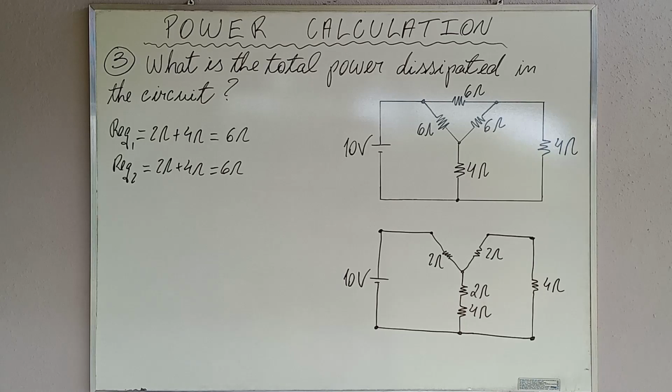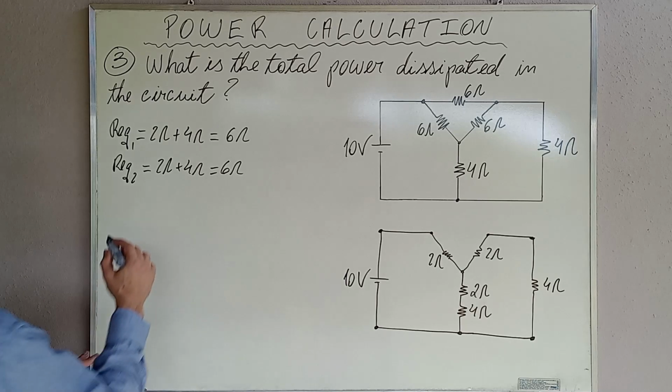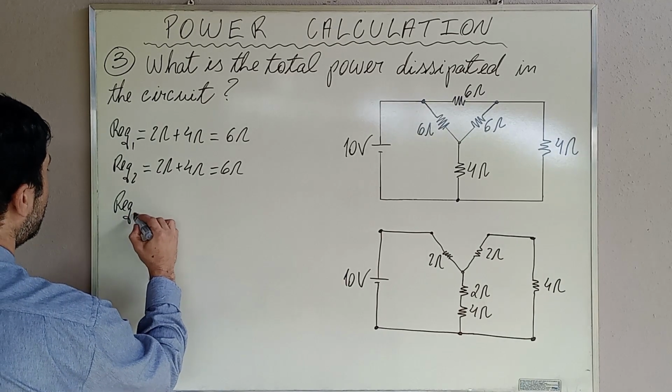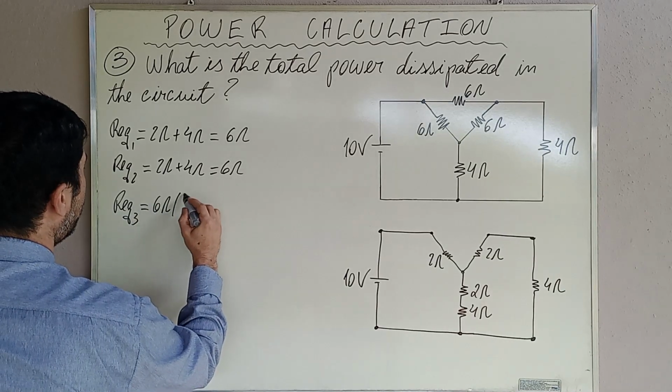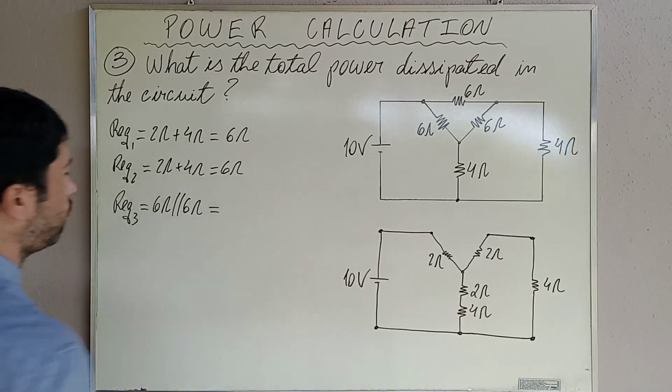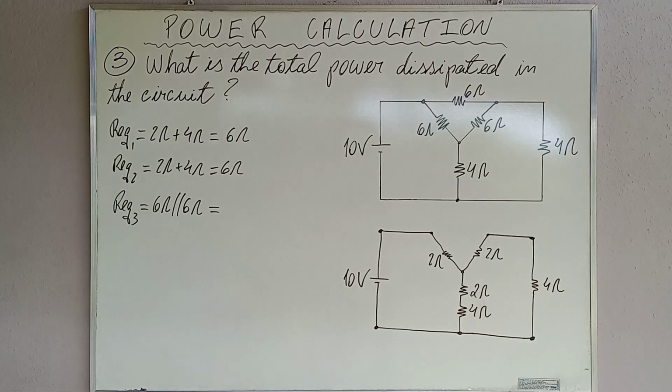Next, we observe that there are 2 6 ohms resistances in parallel. Equivalent resistance number 3 is the parallel combination between 2 6 ohms resistances, and the rule of thumb that we use in computing the parallel combination between 2 resistances in parallel is the product over the sum.